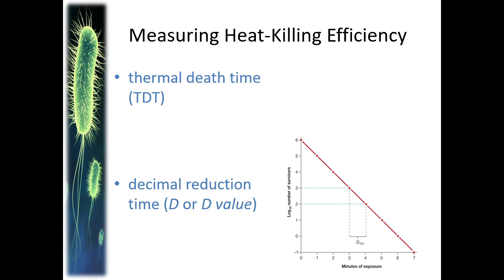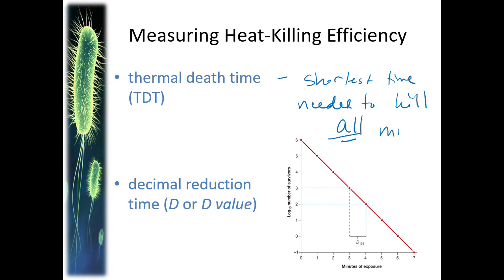Another thing you could do is calculate the thermal death time, which is the shortest time needed to kill all microbes. The issue with this one is if you start with more microbes, it can take longer. So the decimal reduction time is more commonly used.